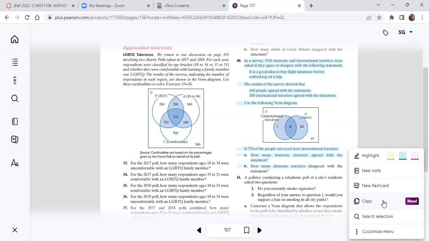The sets are A and I. I would correspond to international travelers. In total, we have 1510 domestic and international travelers.